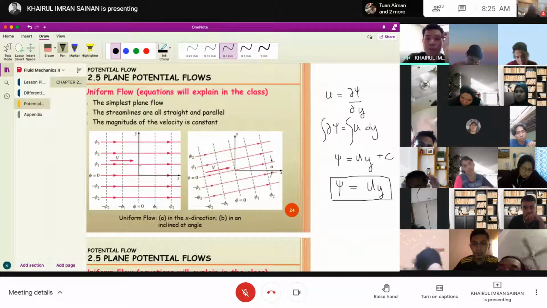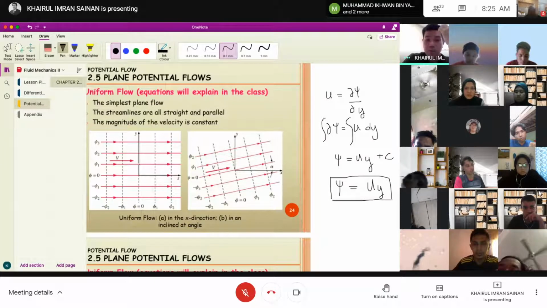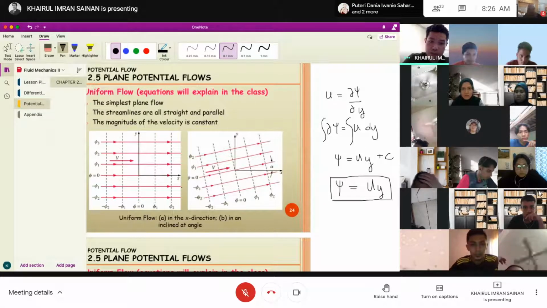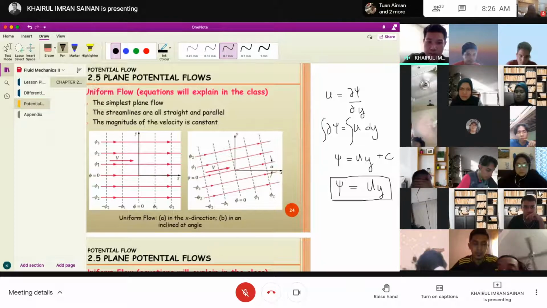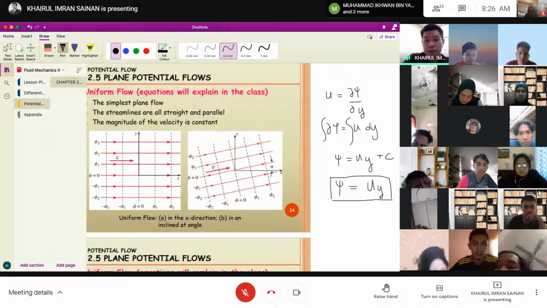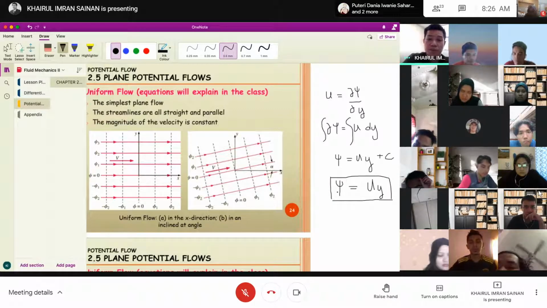For example, from here to here, perhaps 2 meters. So you're going to have psi equals u, whatever u is, multiplied by the y distance. So this basically represents this psi. How about psi number two? Perhaps now 4 meters. So you put 4 meters there, and you're going to have psi number two.